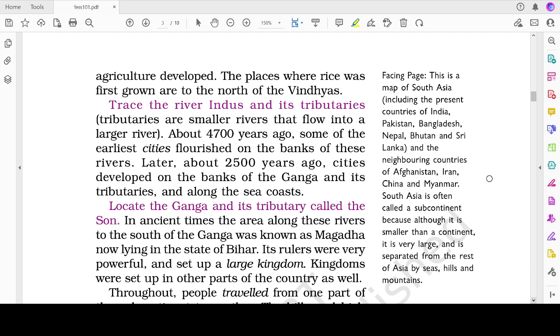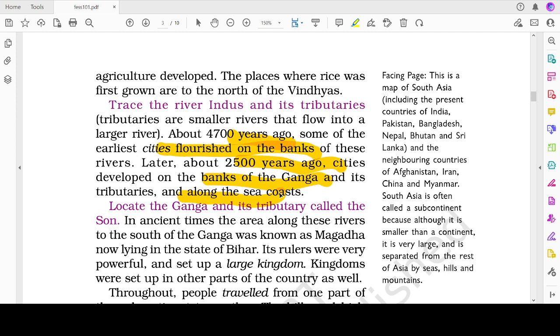About 4,700 years ago, some of the earliest cities flourished on the banks of these rivers. Obviously, as I said, the Indus Valley civilization, the Harappan civilization, started on the banks of these rivers. Later, about 2,500 years ago, cities developed on the banks of the Ganga and its tributaries and along the sea coast.